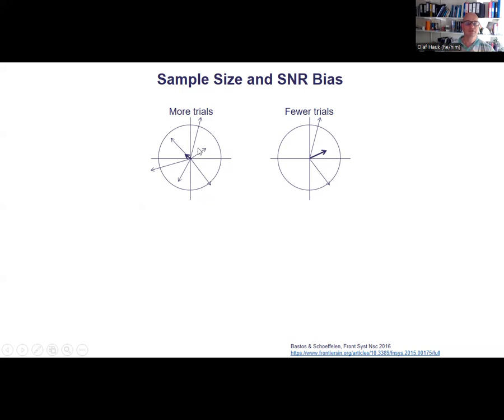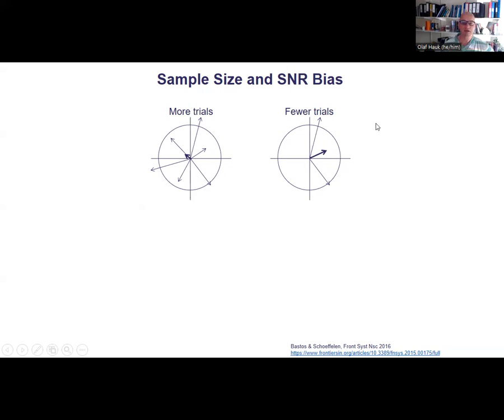Even if you just have noise, if there's really no relationship between two regions, if you have only a limited number of samples, and that's always the case, we never have infinitely many samples, then you will always get a non-zero sum of these vectors. This is really just for illustration, and it is still a very low number. If you have very few trials, it is very unlikely that you pick two trials that sum up to exactly 0 or close to 0.